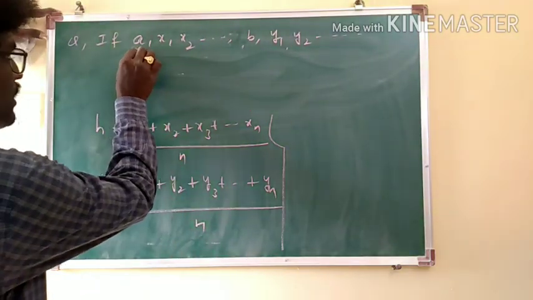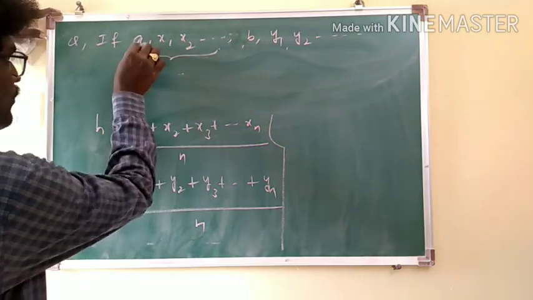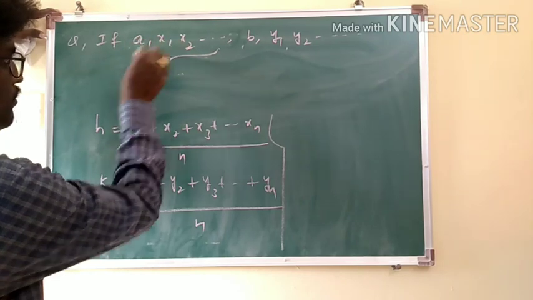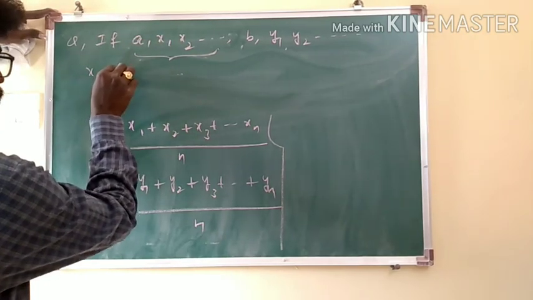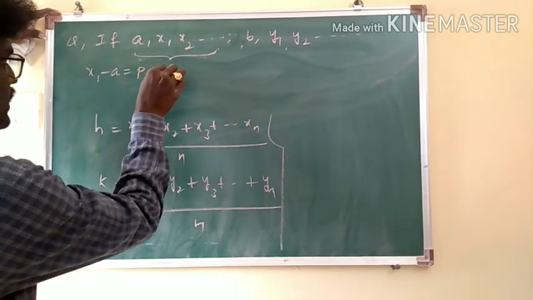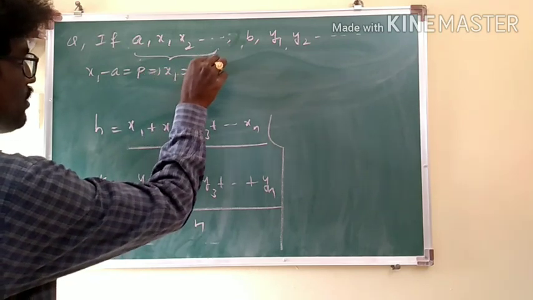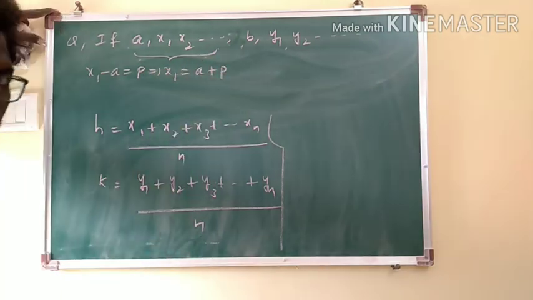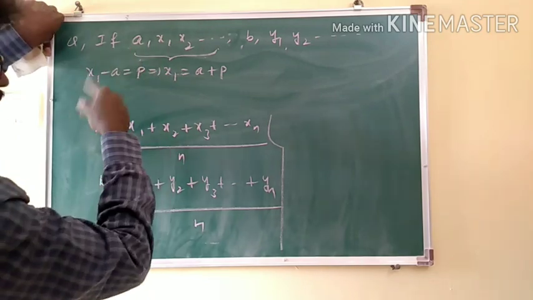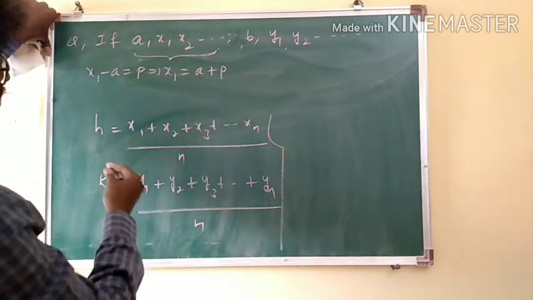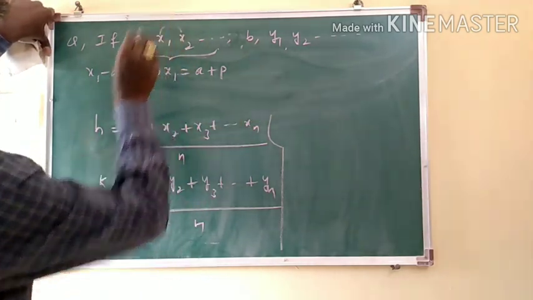The common difference of this AP is p, in the sense the difference between any two consecutive terms is p, meaning x1 minus a is equal to p. That implies x1 is equal to a plus p. Is it? The difference between x1 and a is p, so I get x1 as a plus p. And again x2 minus x1.